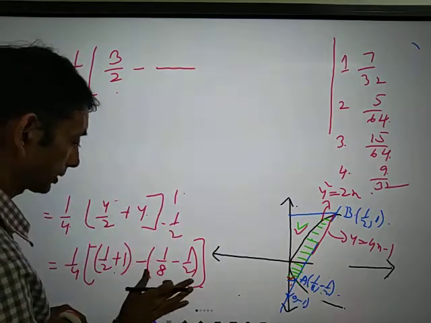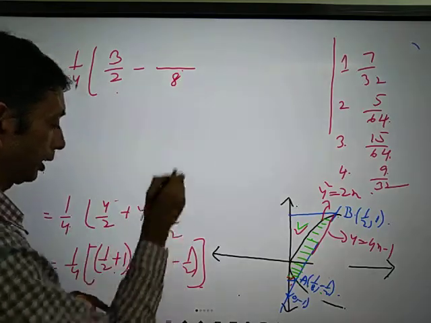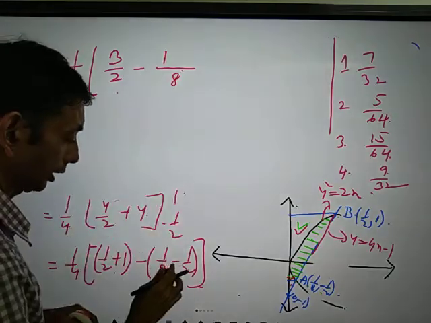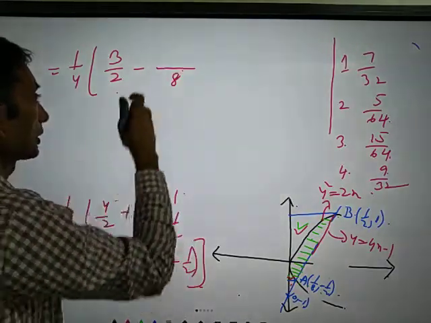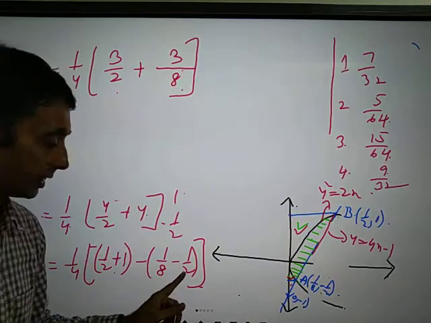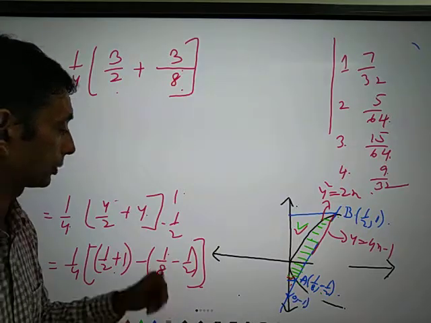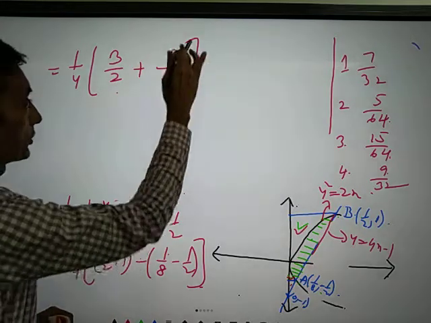Simplify, LCM of 8 and 2 is 8. Then 1 minus 4, that is minus 3, and minus minus plus, so we got plus 3 by 8.